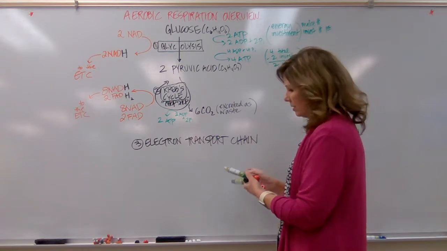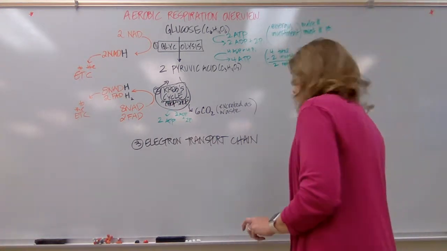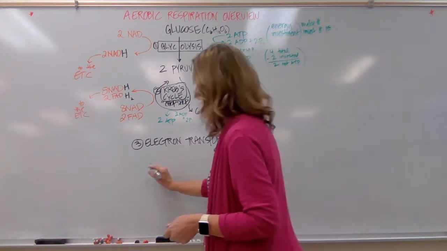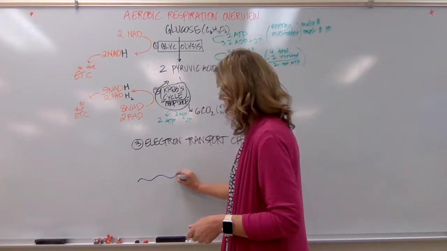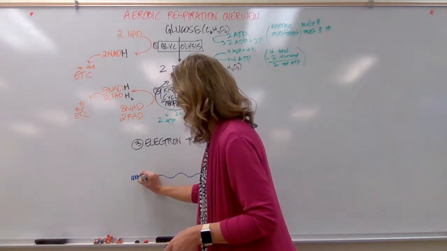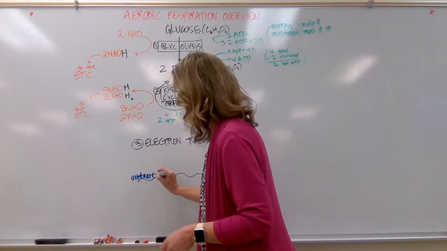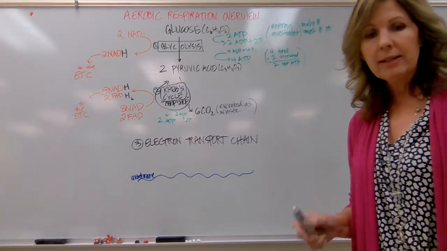This happens to be that chain of respiratory enzymes. They will be embedded in a membrane. I will expect you to be able to draw this electron transport chain. So here's your membrane. Remember, in bacteria, it's the cell membrane. In eukaryotes, it will be the mitochondrial membrane.